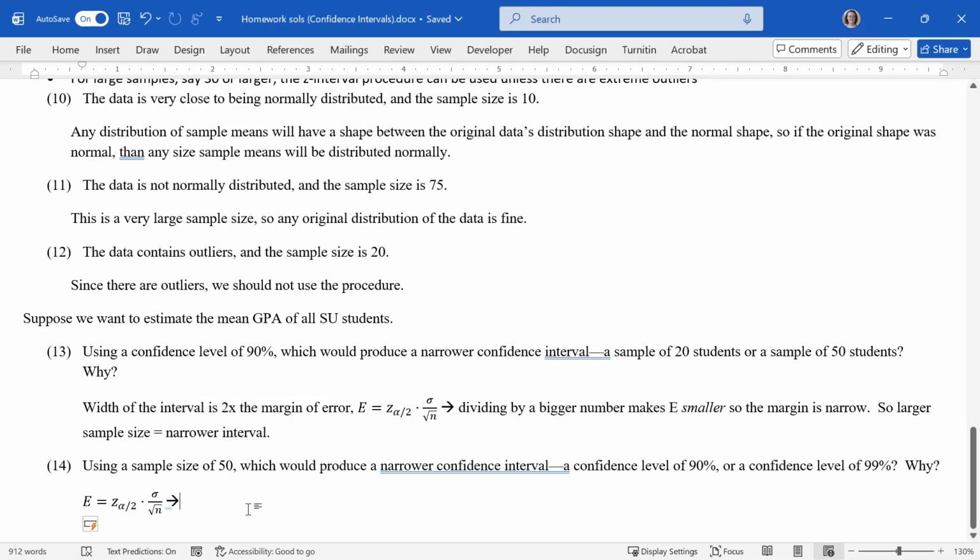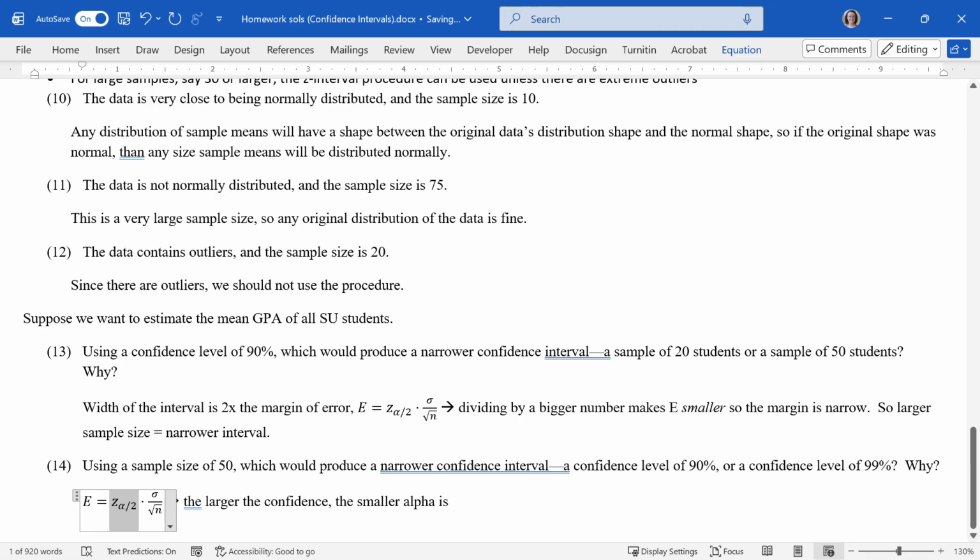Sorry about that. So the confidence level is in here as this subscript, so it affects the z-score here. So the larger the confidence is, remember the first thing you do to calculate alpha is you subtract the confidence from 1, so that means the alpha is smaller. And if alpha is smaller, where does that put the z value? So this is the z value with alpha over 2 area to its right.